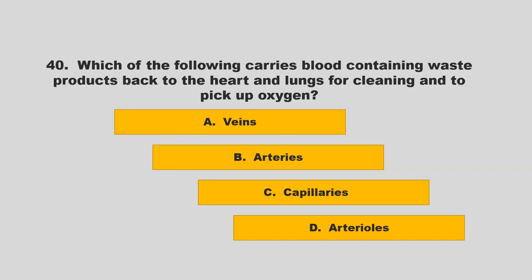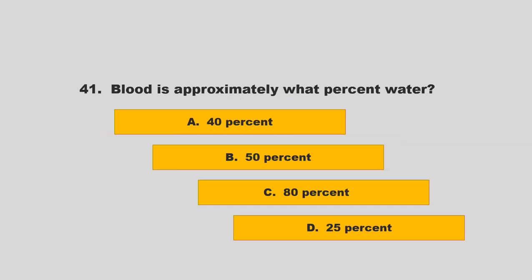Which of the following carries blood containing waste products back to the heart and lungs for cleaning and to pick up oxygen? Veins, arteries, capillaries, arterioles. If you chose A, veins, you are correct.